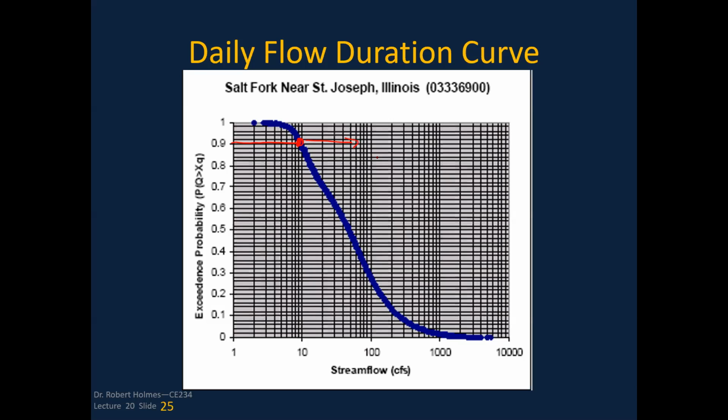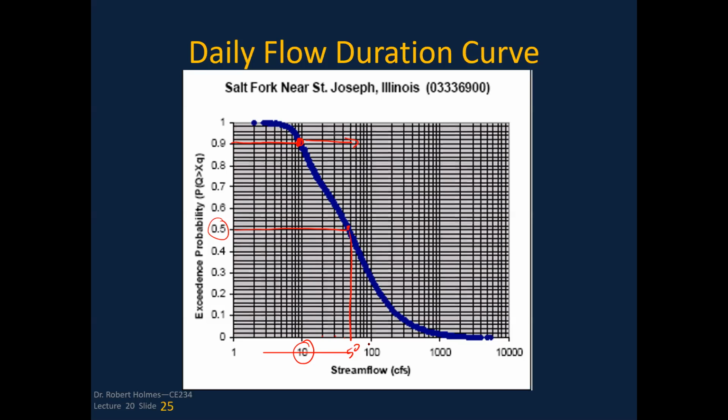And so here we've got a value of 10 CFS. This is a log plot. So we've got 10 CFS, that's got about a 0.9 or a 90% probability, which means that 90% of the daily values of data are above 10 CFS. If we come down here to the median value at 50%, that's about, let's see, this is 20, 30, 40, that's about 50 CFS.